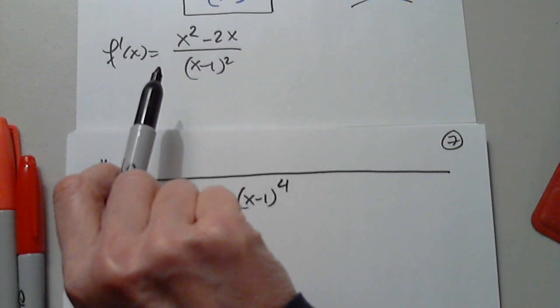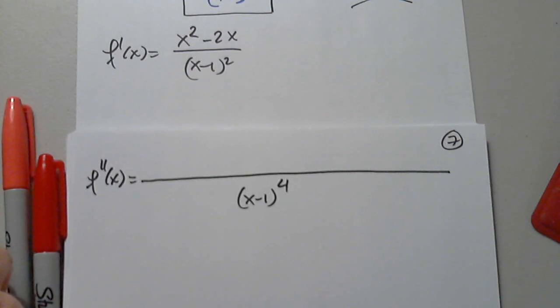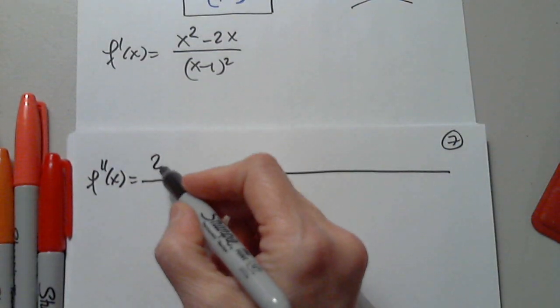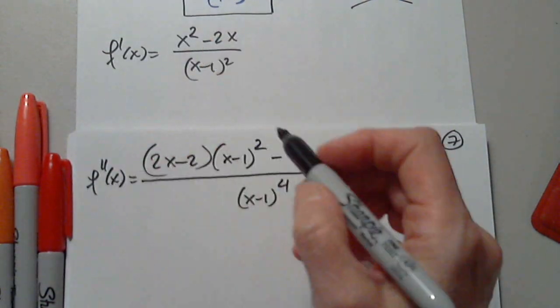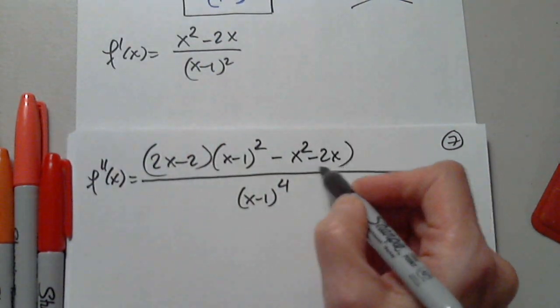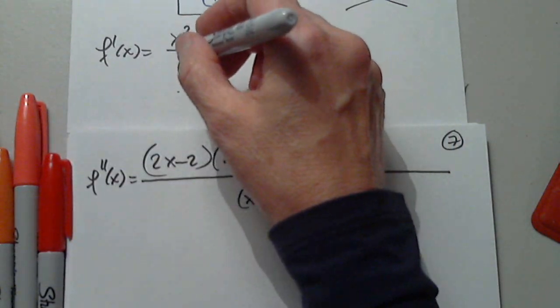Can anyone give us the top prime? 2x minus 2. Very good. Thank you so much. X minus 1 squared minus x squared minus 2x. Now, can anyone differentiate the denominator?